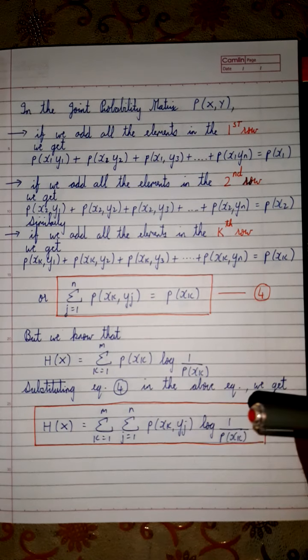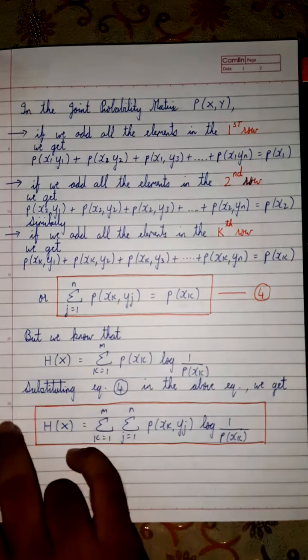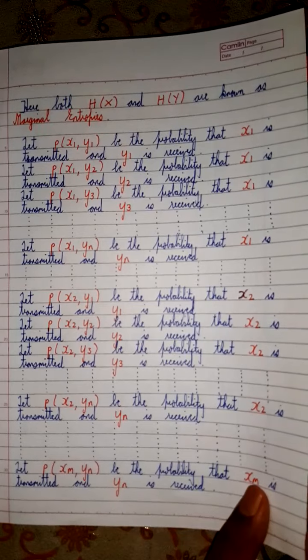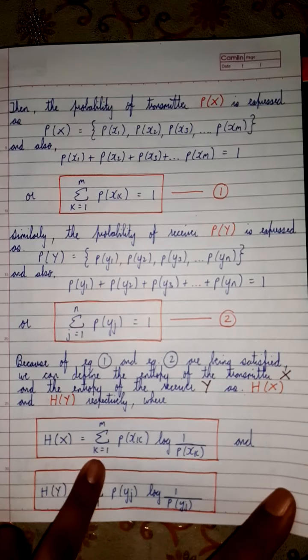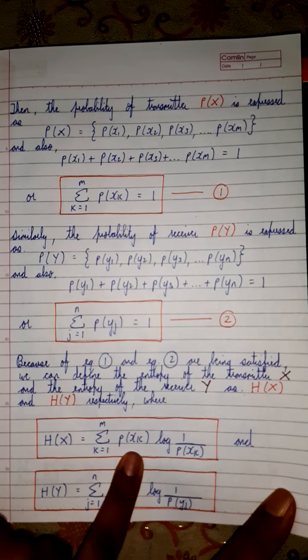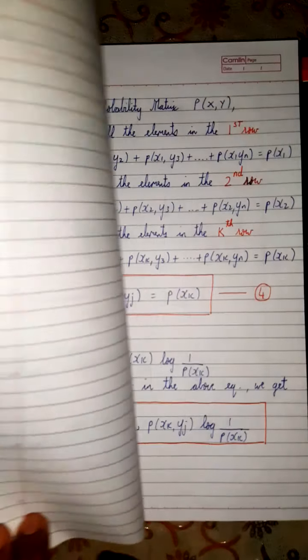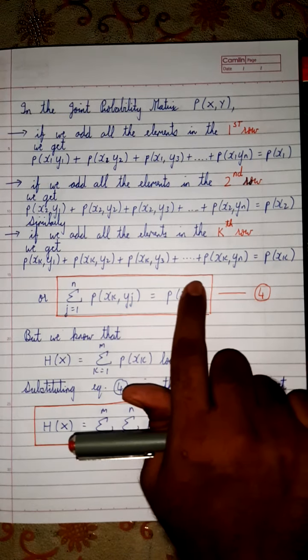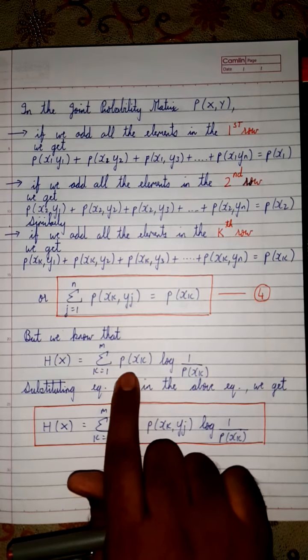But I have already proved that h of x is equal to sigma k equal to 1 to m of p of xk log 1 by p of xk. So I am going to substitute the value of p of xk over here.